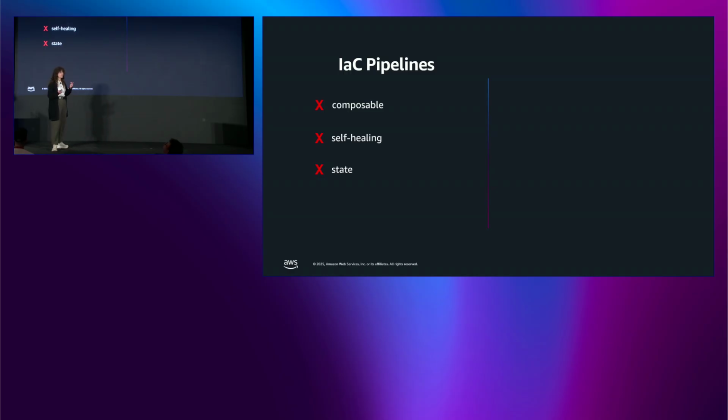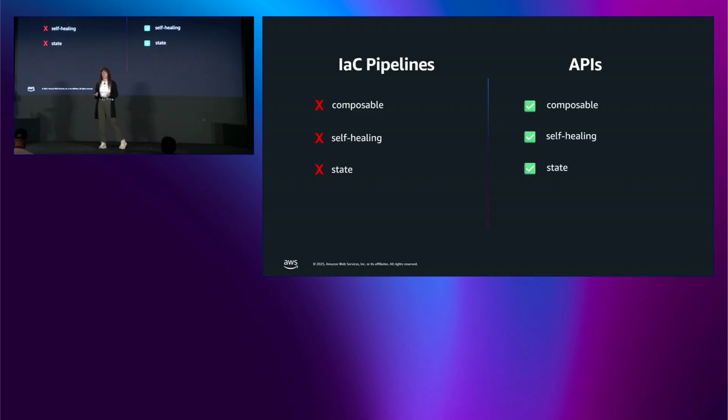They are not composable, they are not self-healing, and I don't know where the state is of the whole system. Let's think about a different tool or concept that we can use. Let's try to think about APIs, right? The whole internet runs with APIs, so why not deploy our infra using APIs?